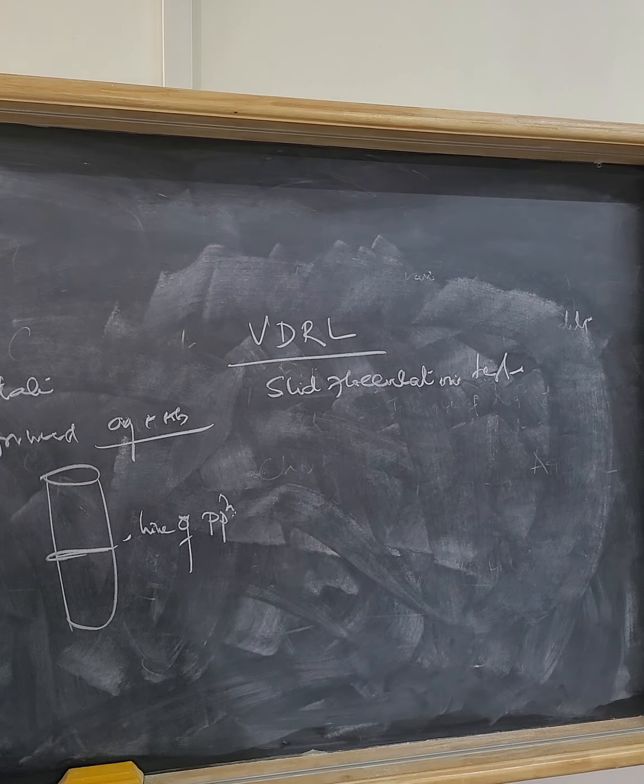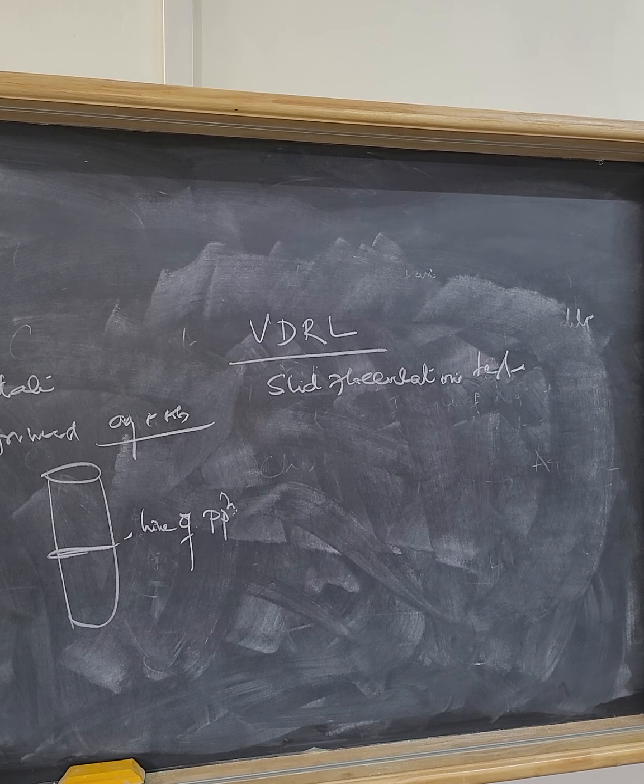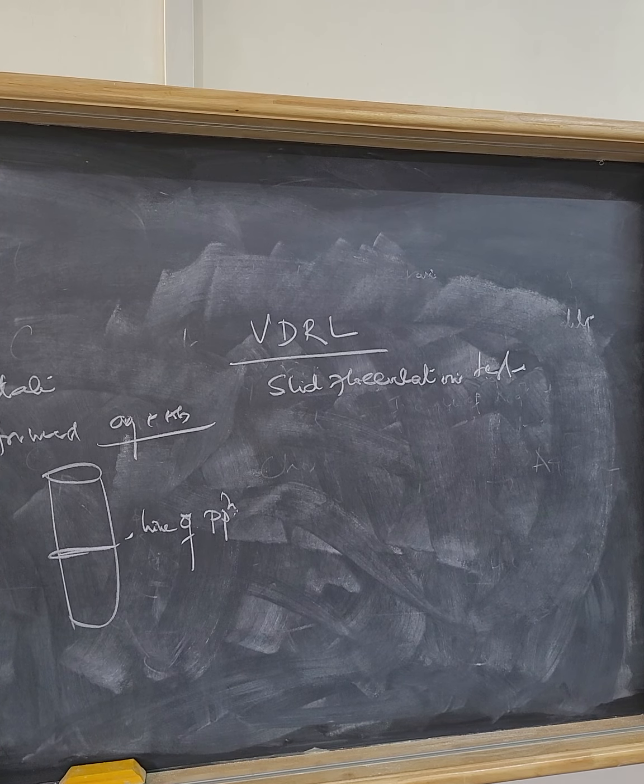VDRL test is a slide flocculation test done for the diagnosis of sexually transmitted disease called syphilis, caused by Treponema pallidum.